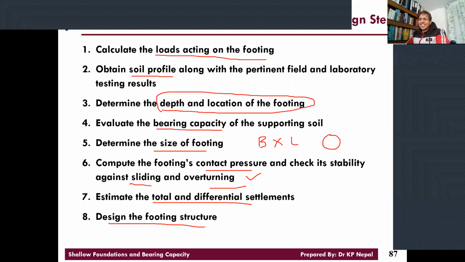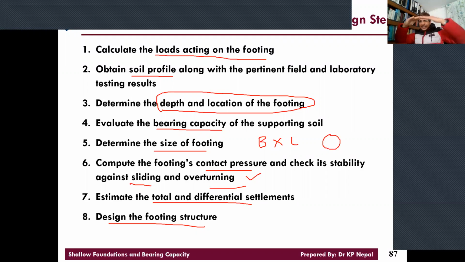Look at the process involved, right? So you calculate all the load, given load, you get the soil properties, you try to put the foundation at some level, some depth, calculate the bearing capacity. We learned a lot of bearing capacity equations, right? And then you find the size of the footing, and then you make sure it is not tilting, it's not overturning, right? It will be stable over there.